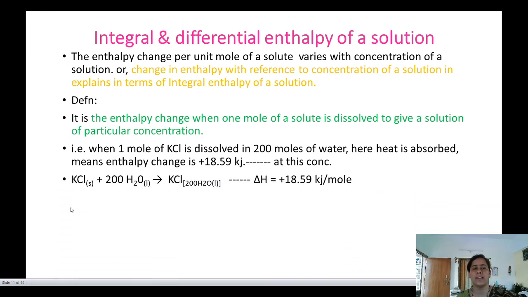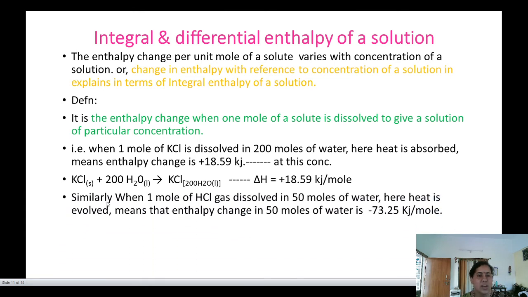The reaction is like this: KCl plus 200 moles of water gives rise to KCl in 200 moles of water, with delta H equal to plus 18.59 kilojoule per mole. Similarly, when we consider a liquid compound like HCl, the definition will be: when 1 mole of HCl gas is dissolved in 50 moles of water, here heat is evolved.